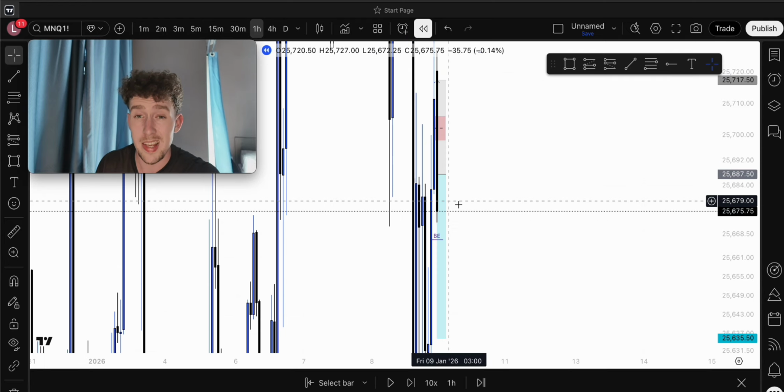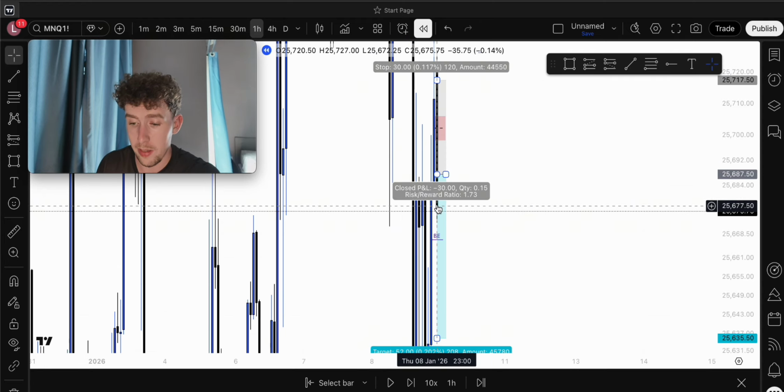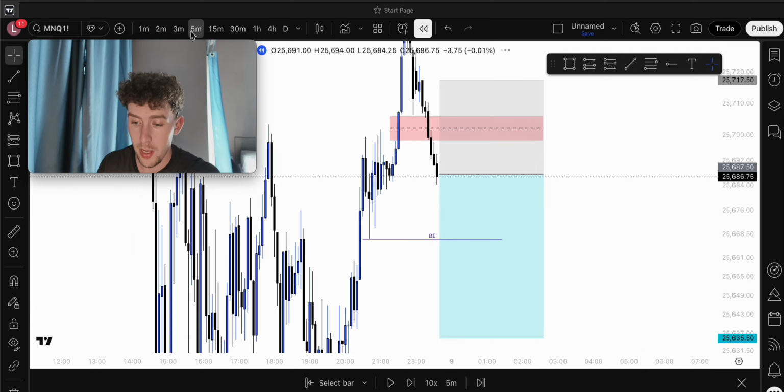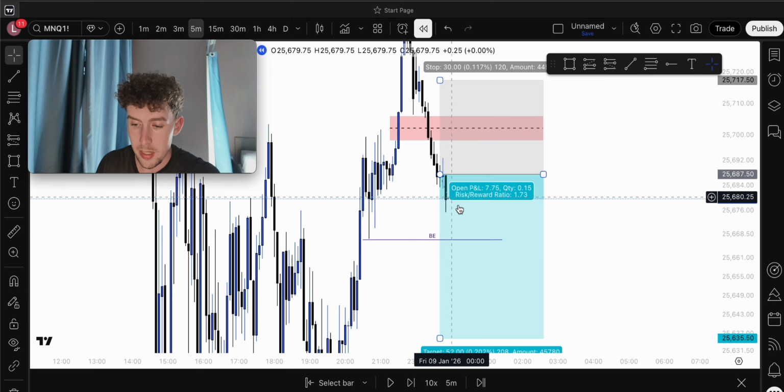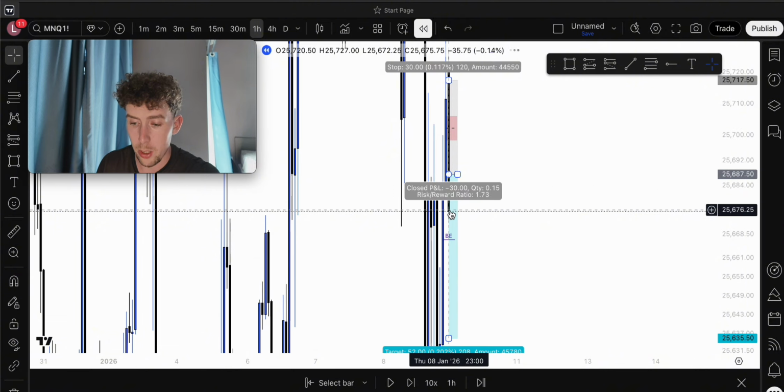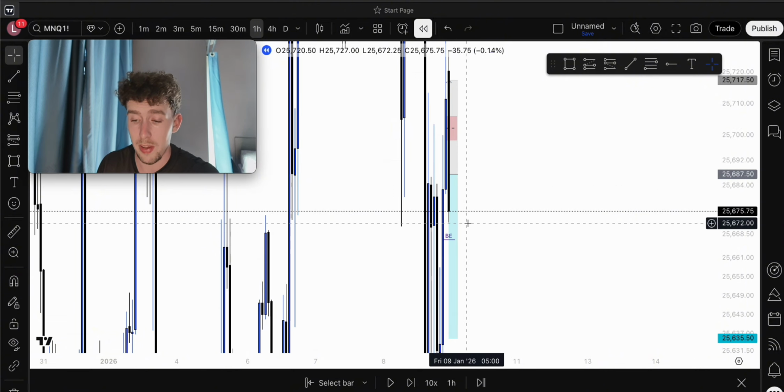We were tapping this hour unfilled fair value gap, and that was a key area I was looking to see how we bounced off. I did enter this position here. When we come down, as you can see, this is where I was looking to see how price was going to react. On the 1 hour, we end up closing inside the fair value gap.